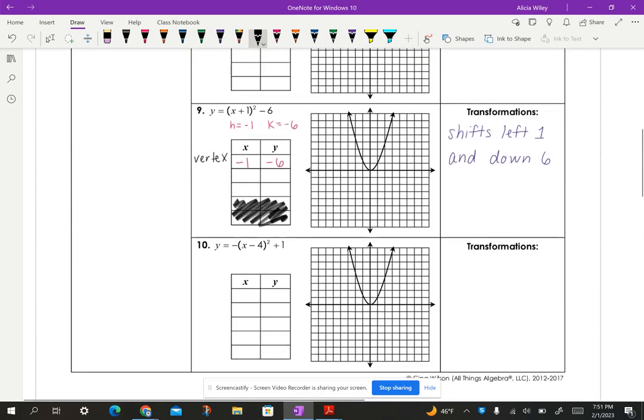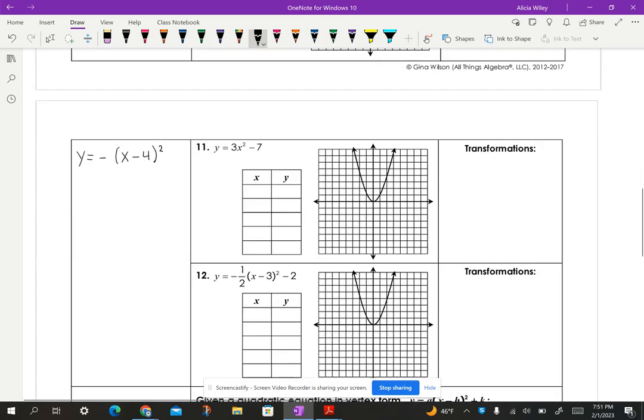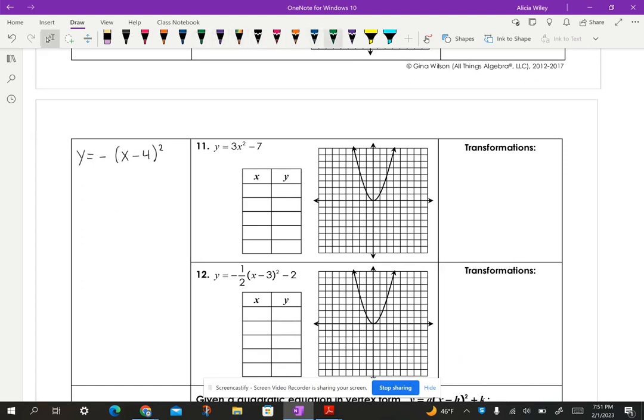Okay, so on this problem here, if I wanted to describe the transformation, I would see that my a value here is negative, and I would notice here that my h value is a positive 4. So that means that because of the a value, my graph is going to reflect over the x-axis.